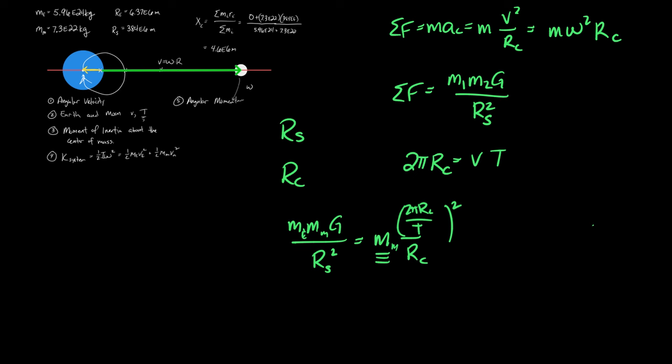So we want an expression for T. And this is just algebra. So, of course, I cancel out these m's. I'll get mass of the Earth times G over RS squared equals 4 pi squared RC squared over T squared RC. I'm not skipping too many steps here because I think I need to be explicit.